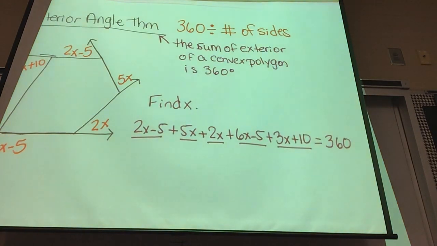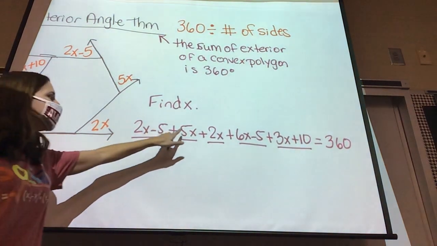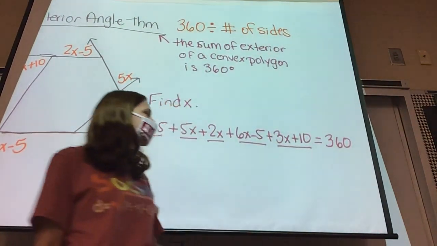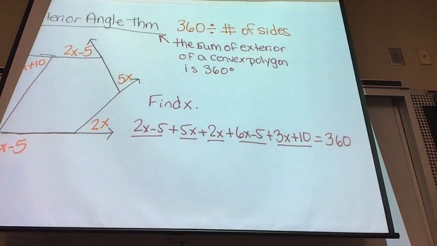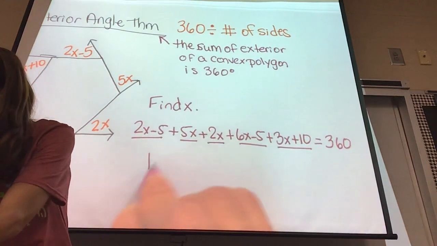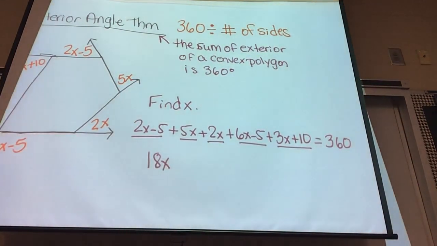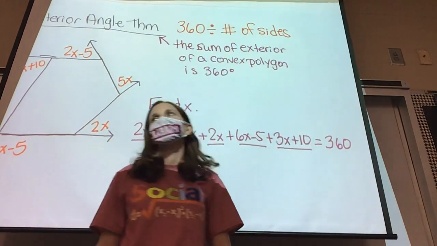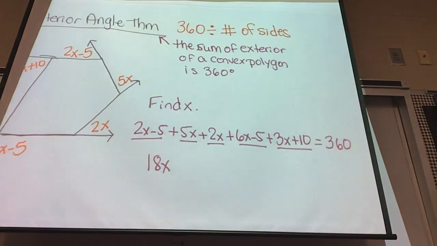Then, just like before, all I've got to do is combine like terms and solve for x. If I take 2x plus 5x plus 2x plus 6x plus 3x, how many x's am I going to have? 18x. Now, if I take negative 5 minus 5 plus 10, what am I going to have? 0.